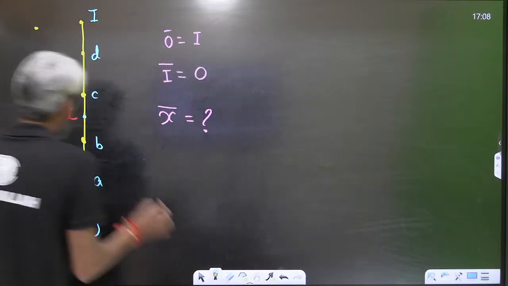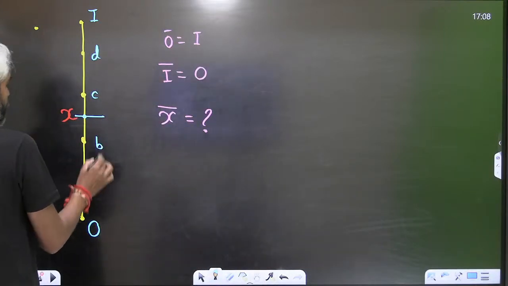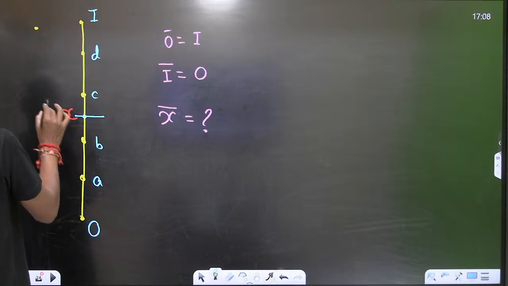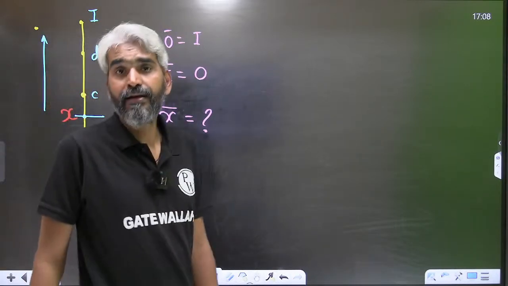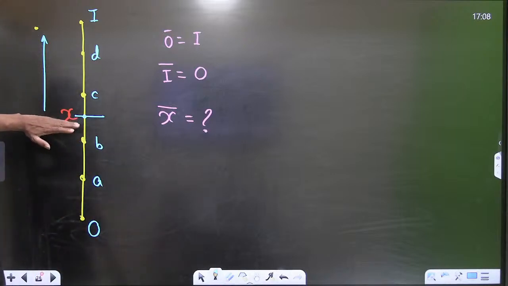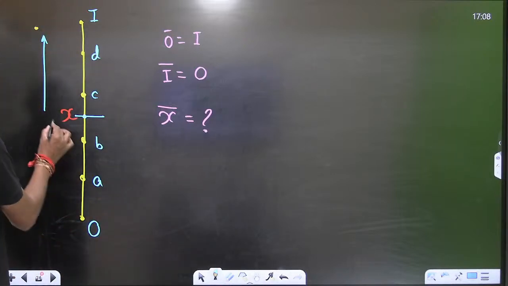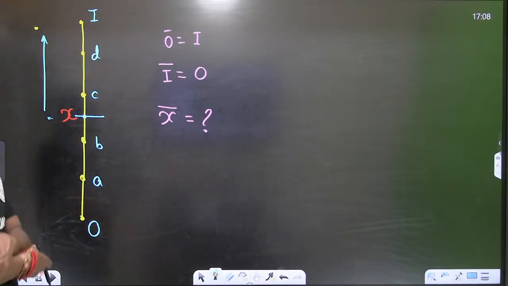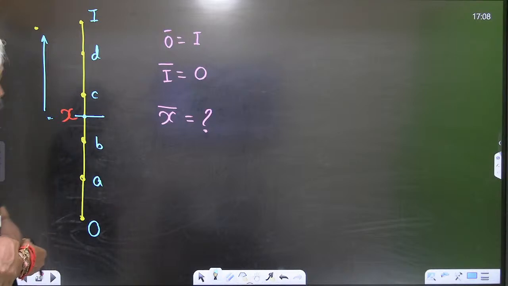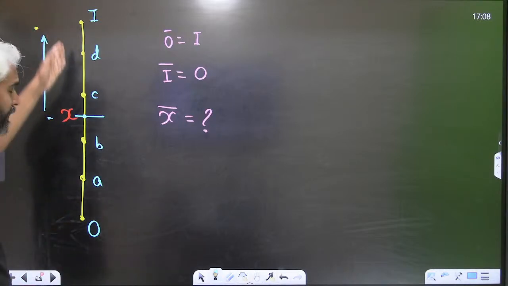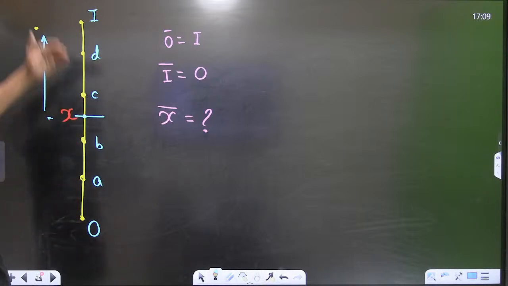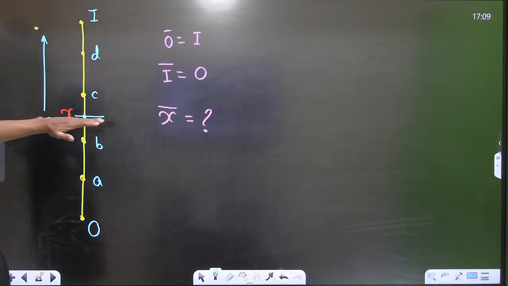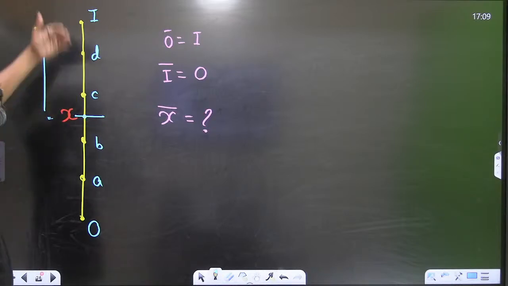On a line, if you take any element above X, then the greatest lower bound of that element with X will be equal to X. It cannot be O. If you take any element on the line apart from universal lower bound and universal upper bound, then for that particular element, the complement of X cannot exist above X. Why?